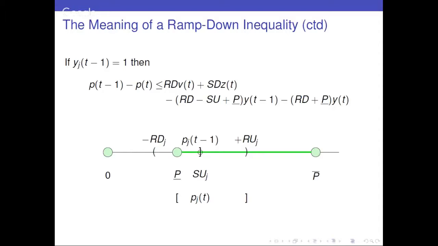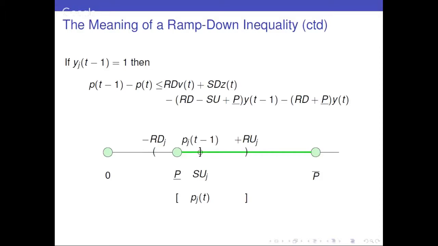And so with a little bit of work, you can write a more complicated expression for the constraint that basically says, if I've just turned on, which is this term here, the first term in the second line, then I actually have this P lower bar that's my limit, and I cancel the RD, and my limit is actually startup minus P bar, which is this difference here down here. So that's basically the idea.